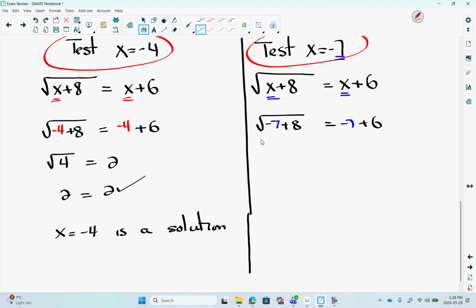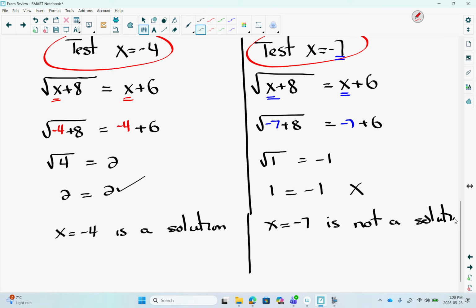And when I solve this, -7 plus 8 is 1, and -7 plus 6 is -1. What is the principal square root of 1? It's 1. Does 1 equal -1? No. That means x equals -7 is not a solution.